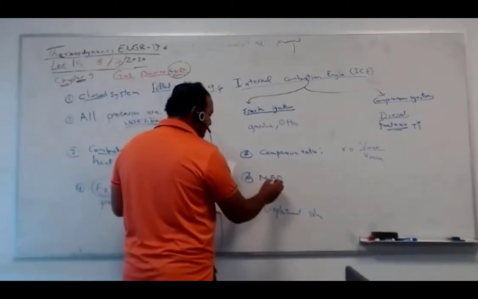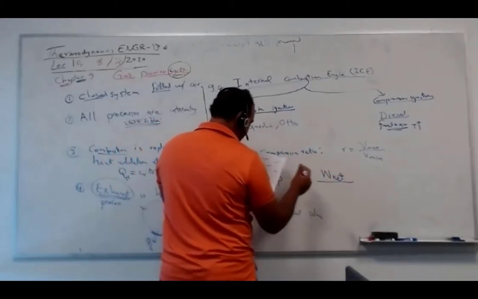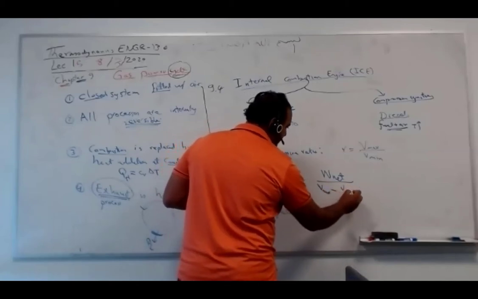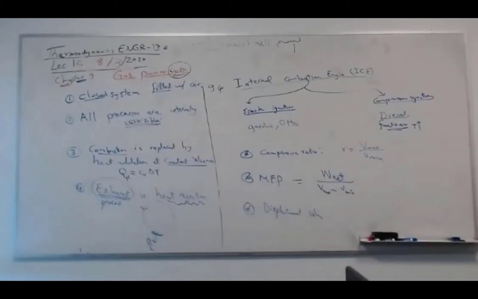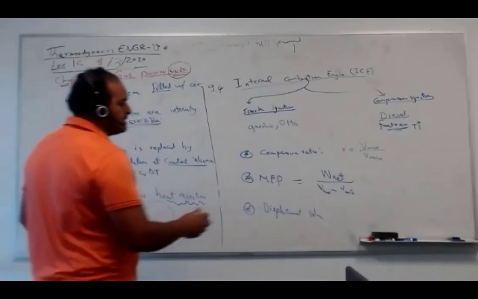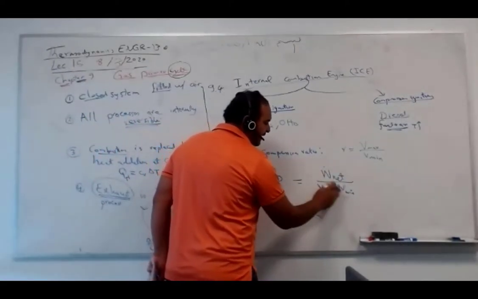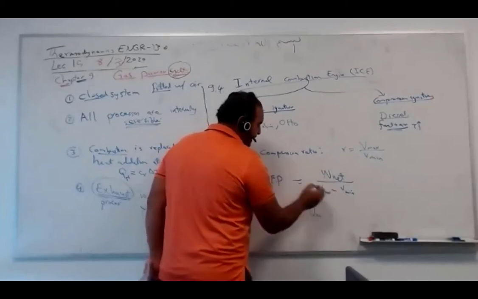MEP, mean effective pressure, is W net divided by Vmax minus Vmin. So if you have a cylinder, it creates some power, some work. Work divided by the volume creates pressure.